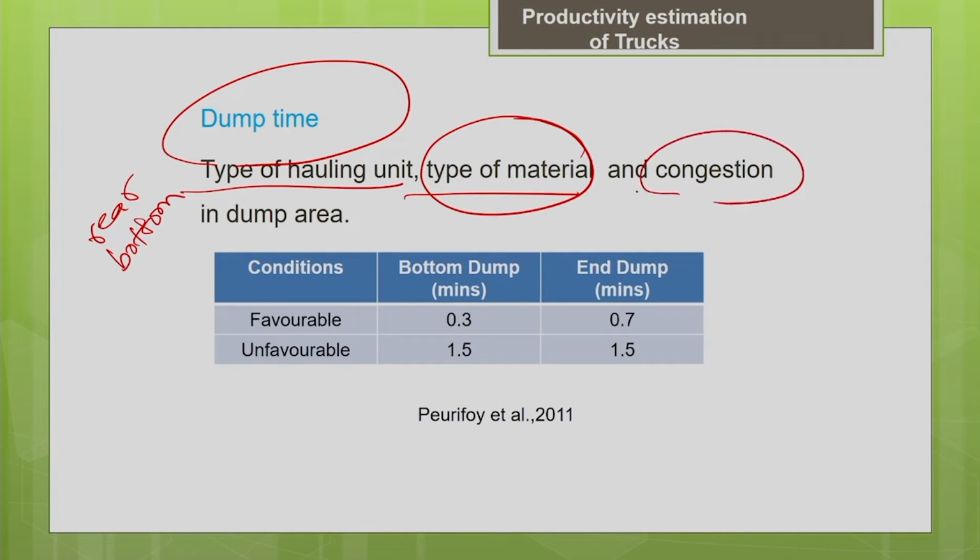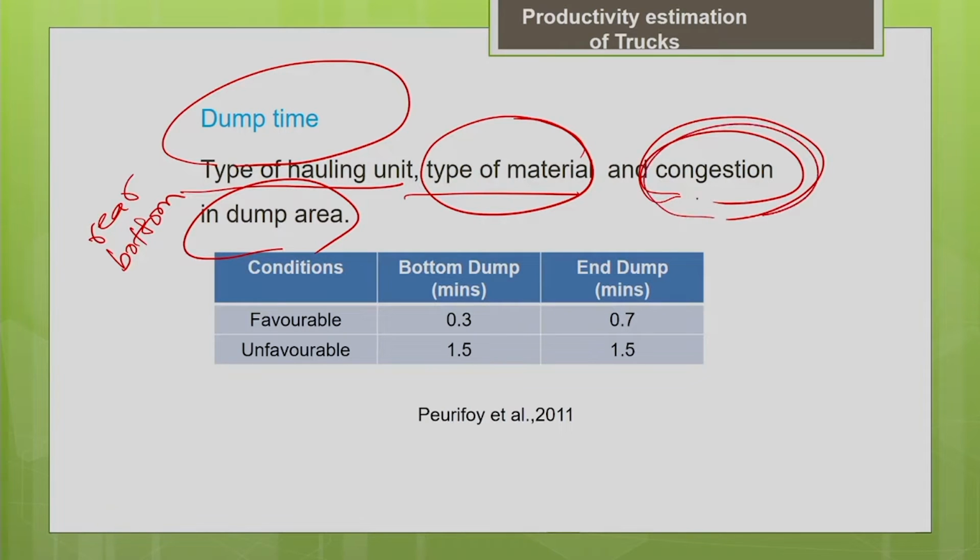And the congestion in the dumping area: you know that in the construction site, so many equipment will be working in parallel. For example, in the dumping site, there may be bulldozers and graders leveling. So, there may be possibilities of a lot of congestion in the dump area. Then your machine may have to wait to get its chance for unloading or dumping.